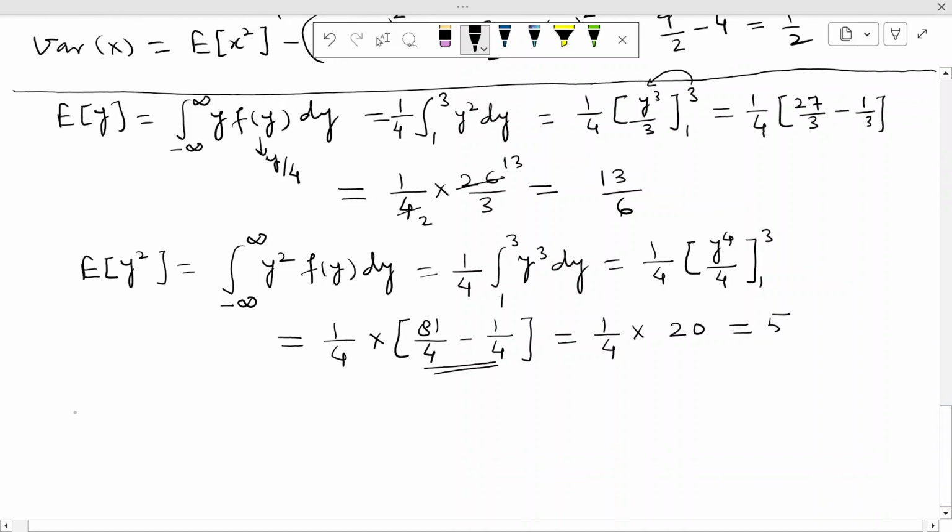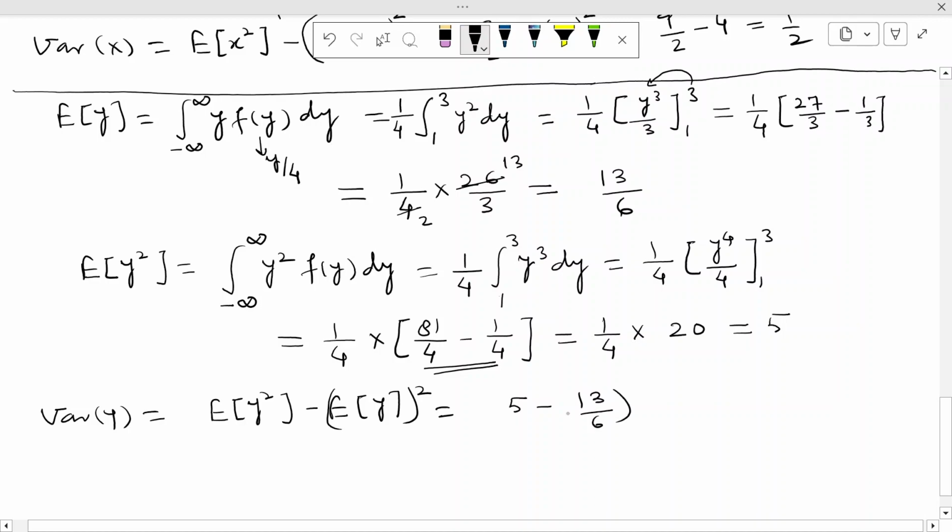Now next we can find out the variance of y. So variance of y will be expectation of y square minus expectation of y whole square. So this will be expectation of y square, which is 5, minus 13 upon 6, which is our expectation of y, whole square.